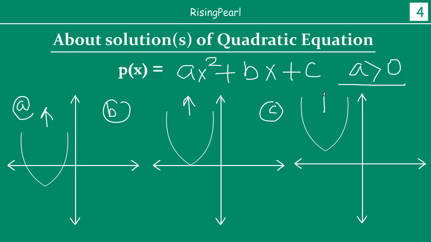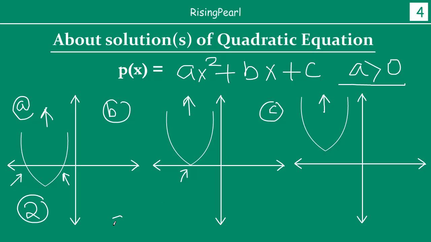Now it can either cut the x-axis at 2 points, it can intersect the x-axis at 1 point, or it does not intersect the x-axis. So in the first case, there are 2 zeros for this polynomial. That means there will be 2 roots of this equation if this were equal to 0, right?